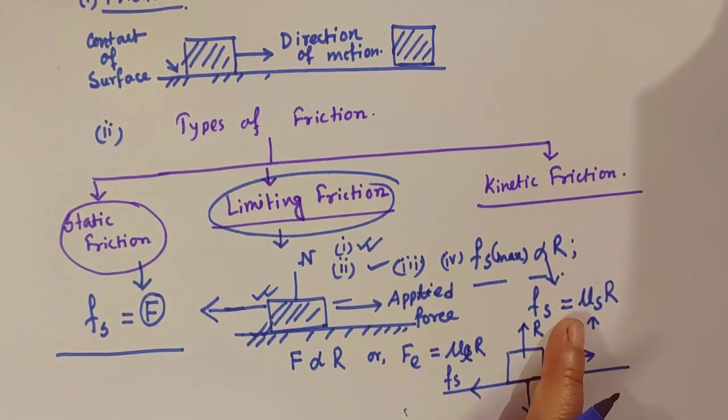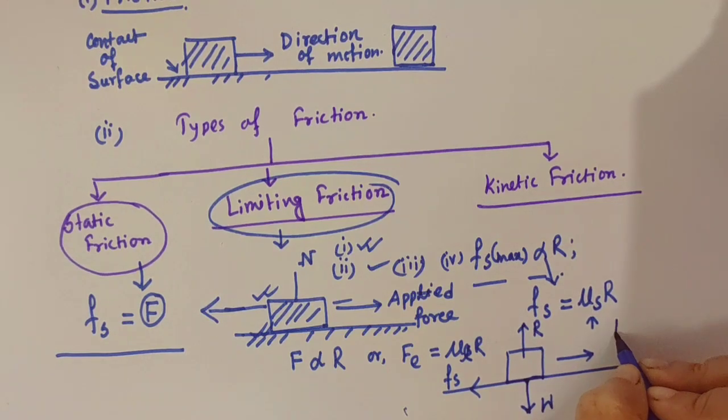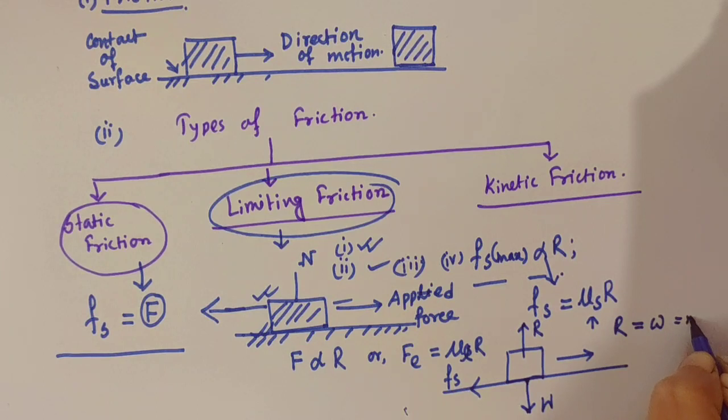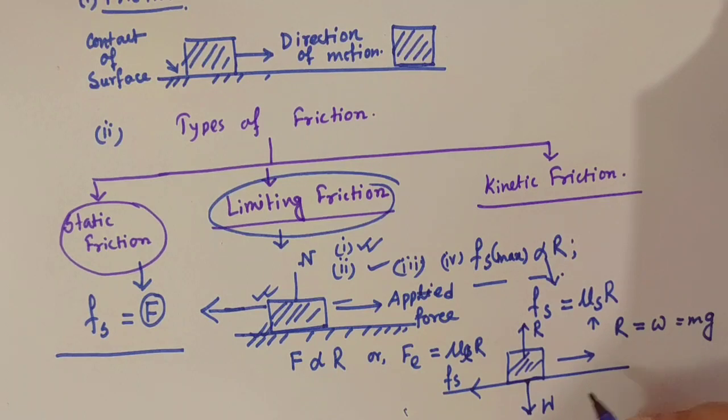So again from this figure we can write R is equal to W is equal to mg. Weight is equal to mass into acceleration. So m is the mass of the block, W is the weight of the block.